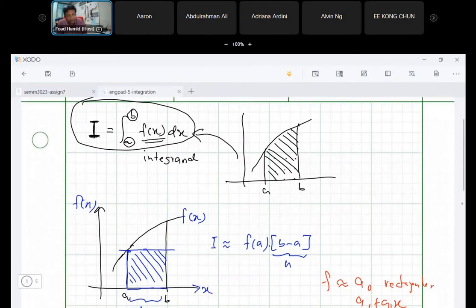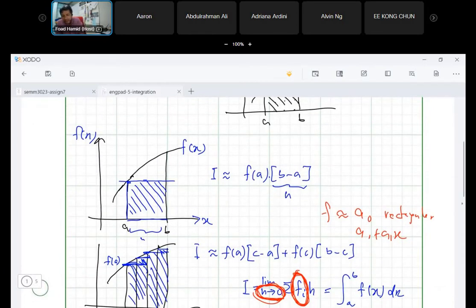You can use any point here, because it is based on the approximation of f as a0, a constant. This is one constant, this is also one constant, and at the midpoint here, this is also one constant.